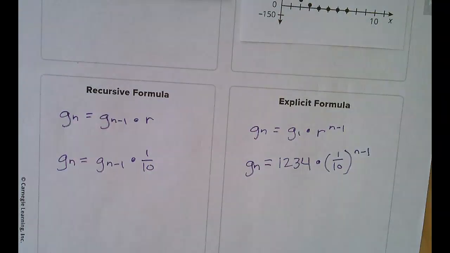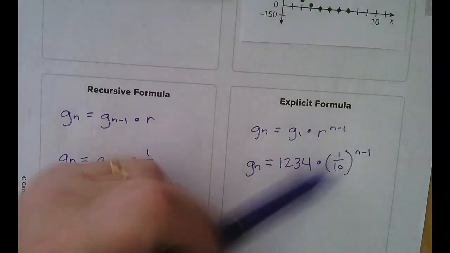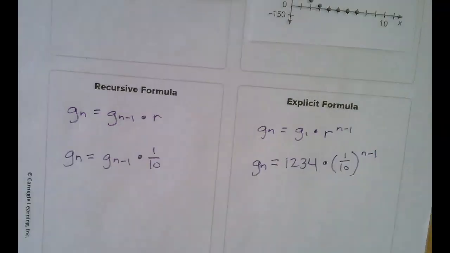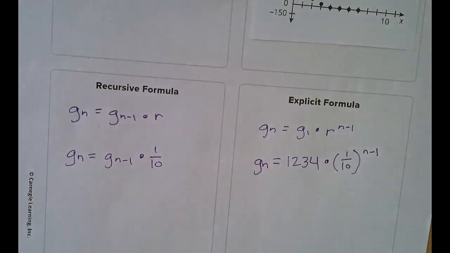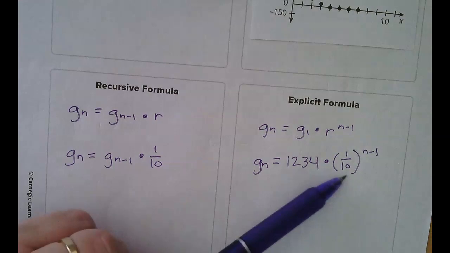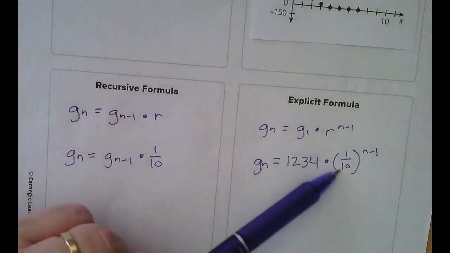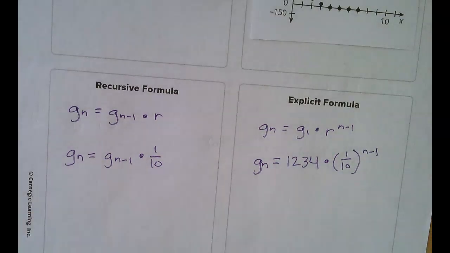I put the 1/10 in parentheses because the whole fraction gets raised to the n minus 1 power, not just the numerator, but the 1 and the 10 both get raised to the n minus 1 power. The parentheses help with that.